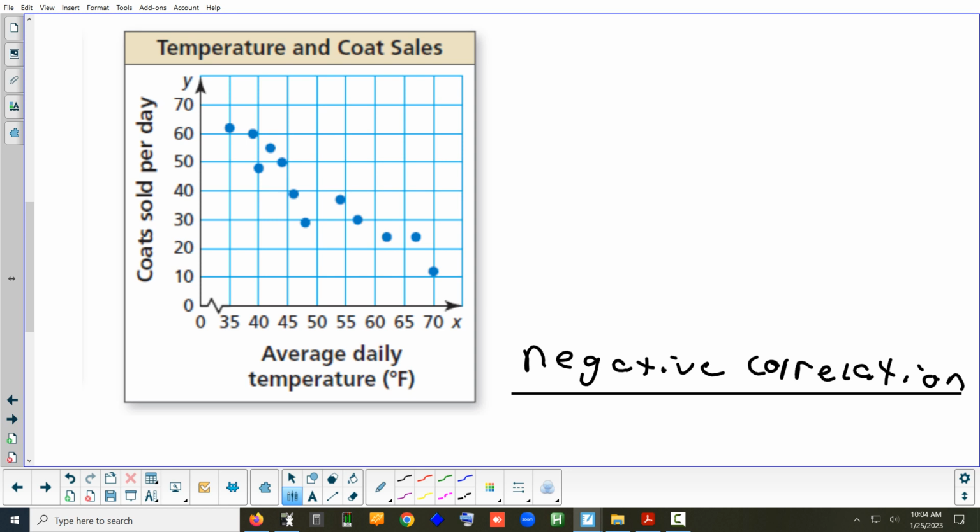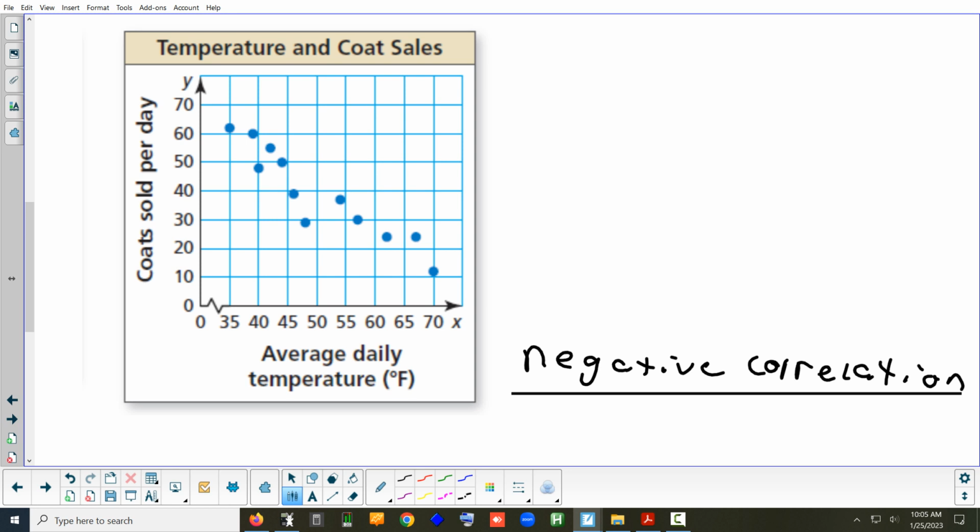Can someone describe to me what's really happening in this picture? As the temperature increases, the amount of coats also increases. Well, when the temperature is decreasing, the amount of coats is increasing.